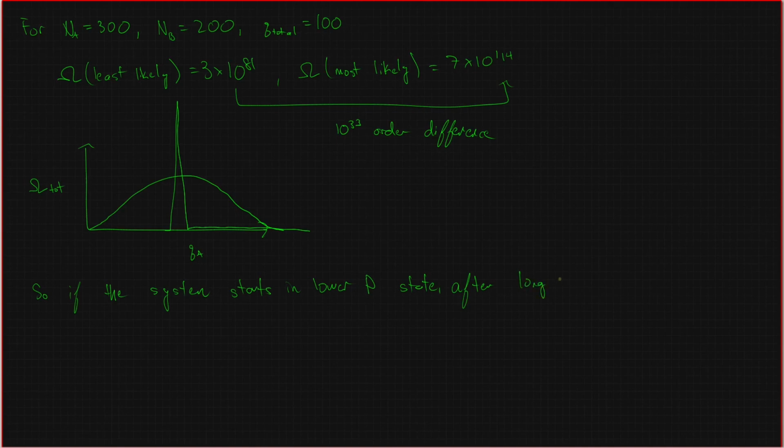After a long time, it will certainly have moved to the most likely state. So if you started off somewhere where it's not in equilibrium, somewhere out here, you wait some long time, you can almost guarantee, since this state is so much more probable, it's going to wind up in that area. Okay?